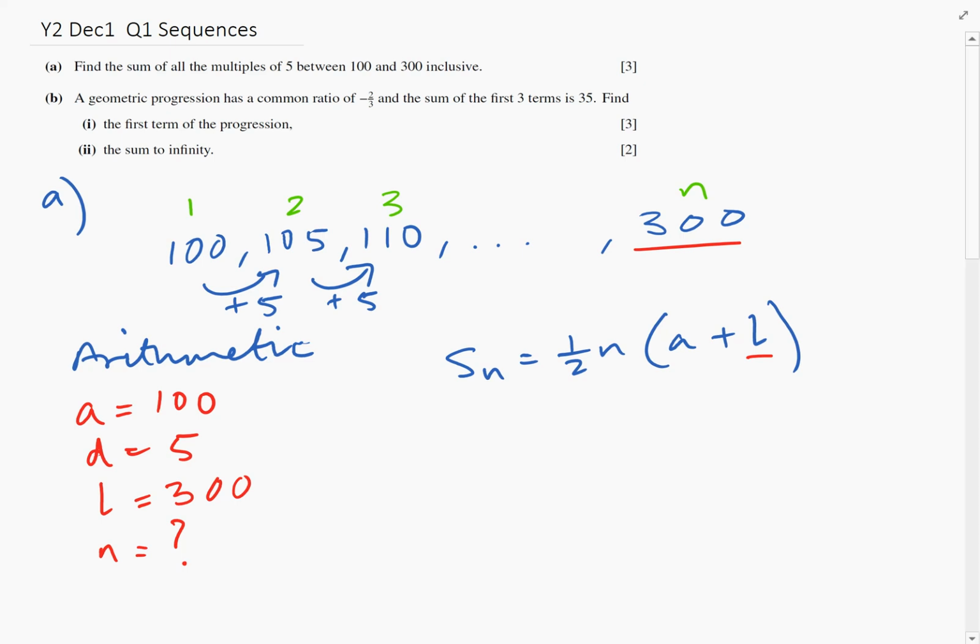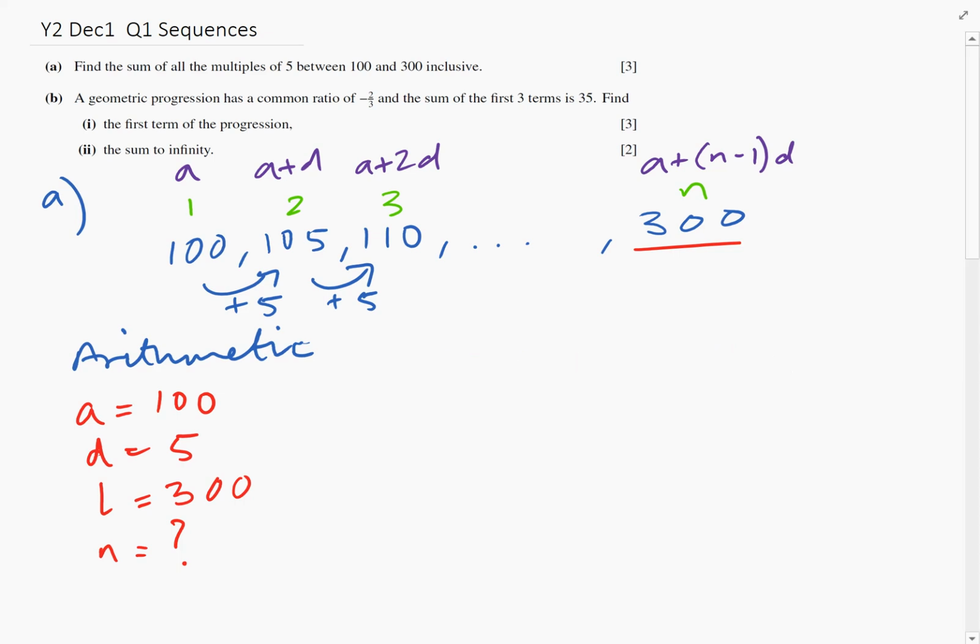So this would be the first term a, this is the second term, this is the third term, and so the nth term, as you probably know, is a plus (n minus 1)d from our arithmetic sequence. So if I just come back to this, I'll bring this back in a minute. We need to find n.